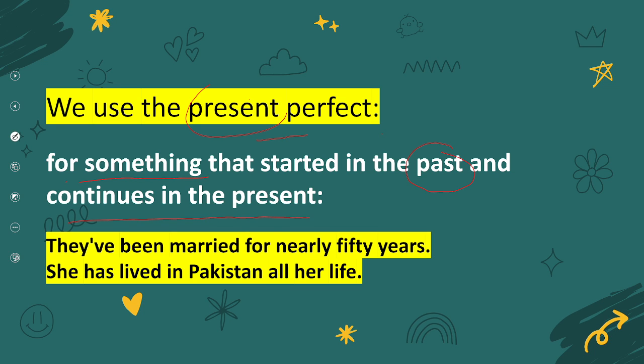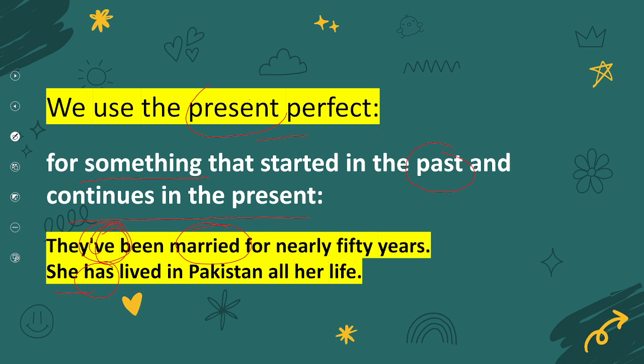For example, if I say they have been married for nearly 50 years, how do you recognize that this is a present perfect tense? They have, and then the past participle form of marry, which is married.